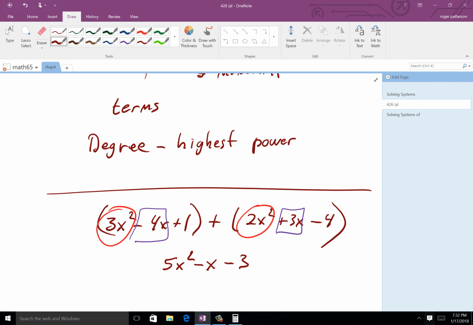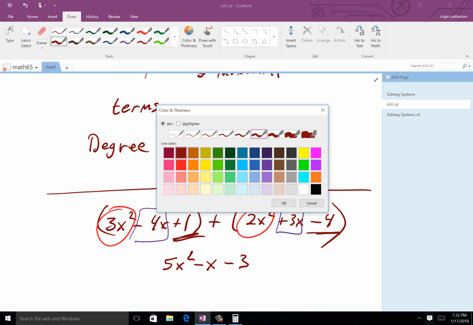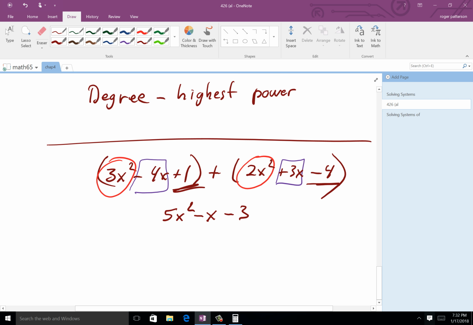I'll draw little shapes around them so you can get the idea of what we're doing there. But that's all we're doing. It's just adding up the like terms. Nothing too exciting here.